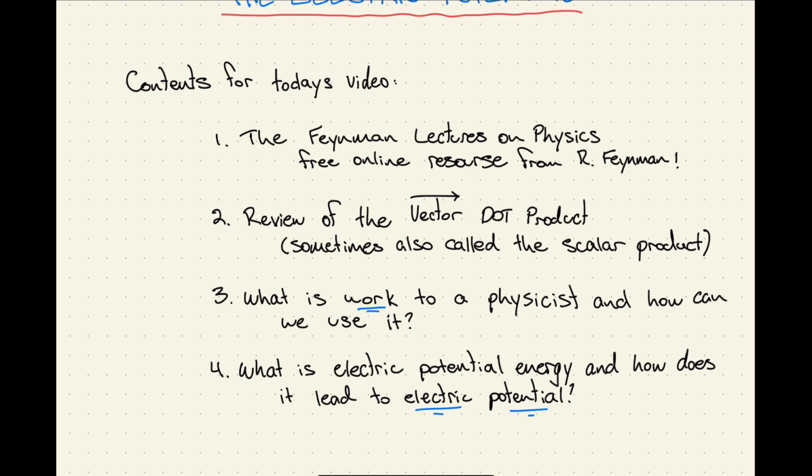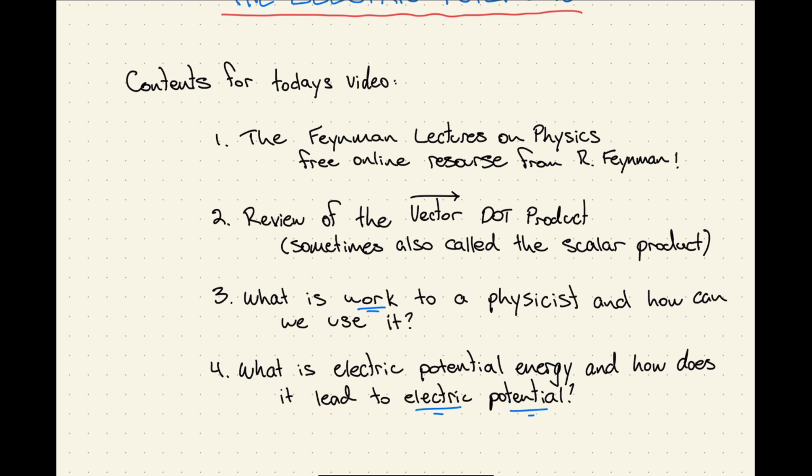The next thing we're going to look at is a small review of the dot product, the vector dot product. This is also referred to as the vector scalar product. You may have seen some of this discussed in a couple of my previous videos, like the Gauss law, which includes the dot product. But the reason I'm introducing this is because of point number 3, which is the introduction of work.